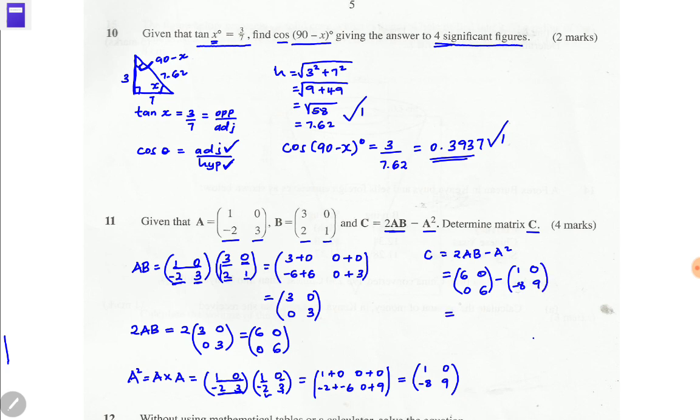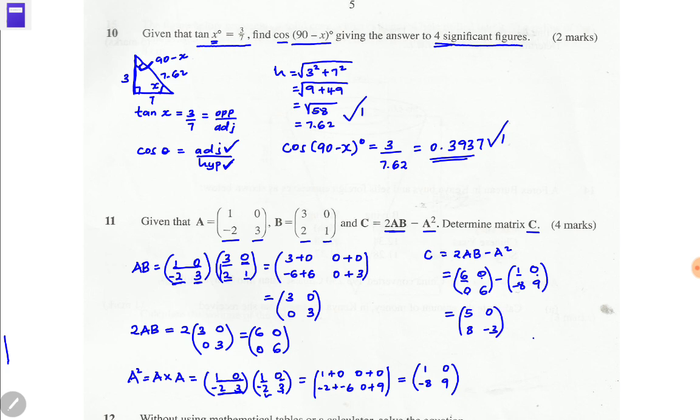So this will be equal to 6 minus 1 is 5, 0 minus 0 is 0, 0 minus negative 8 is 8, 6 minus 9 is negative 3. And that is the answer.